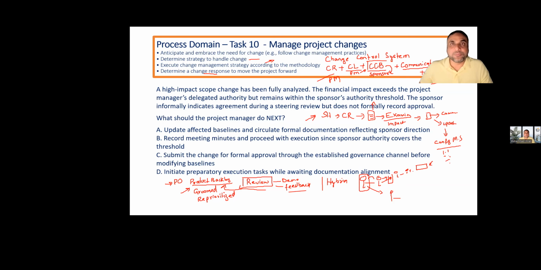So in predictive, the PM is doing the changes, meaning following the change process. In adaptive, the product owner is doing the changes in the product backlog to align with the business objectives. In hybrid, the project manager handles the major changes, and for minor changes which require value achievement, the product owner can update the backlog based upon the feedback received in the review meeting.